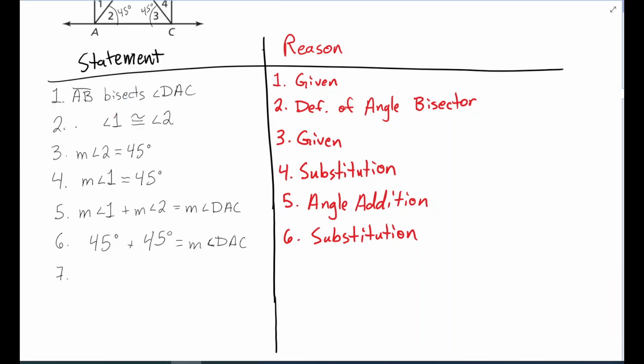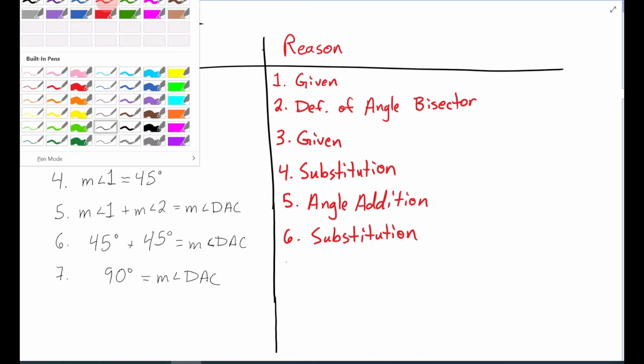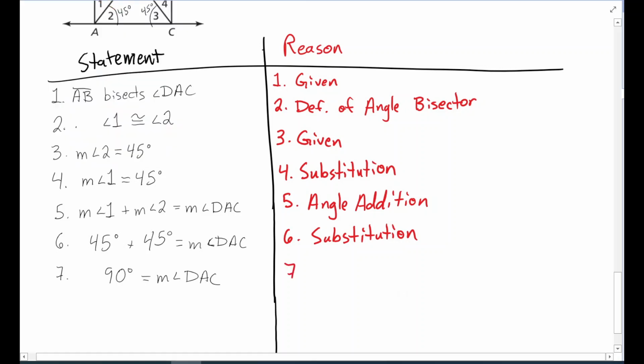Simplification or addition, whatever you want to call it, this means that 90 degrees is the measure of angle DAC. So I'm going to call that simplified.